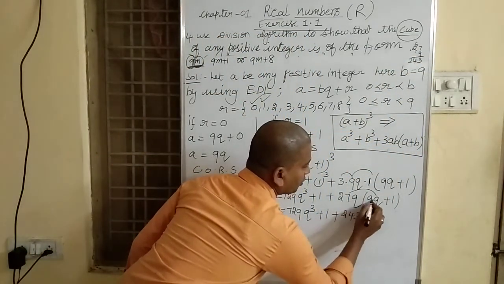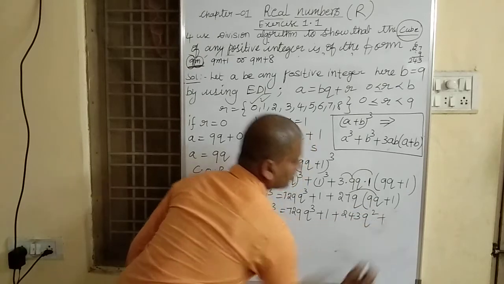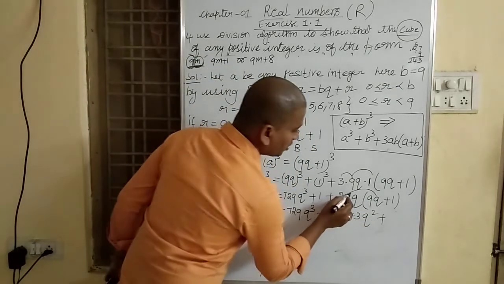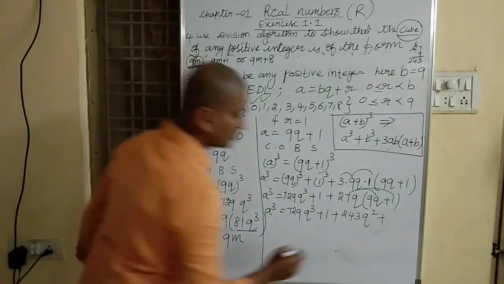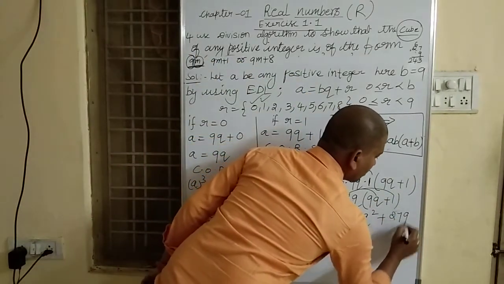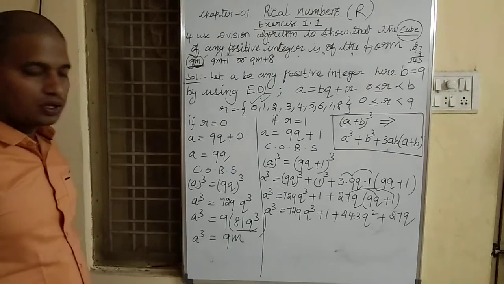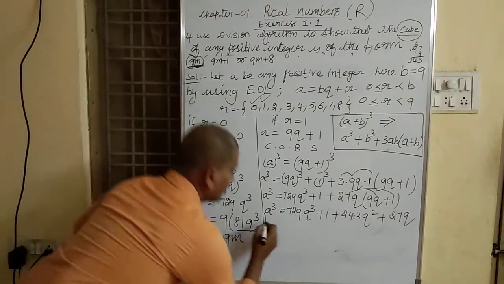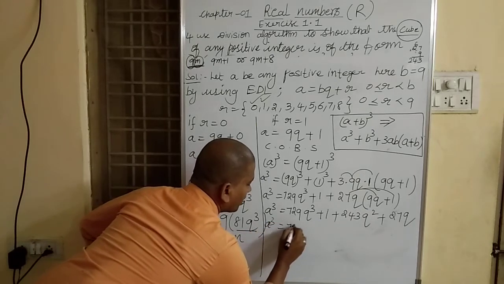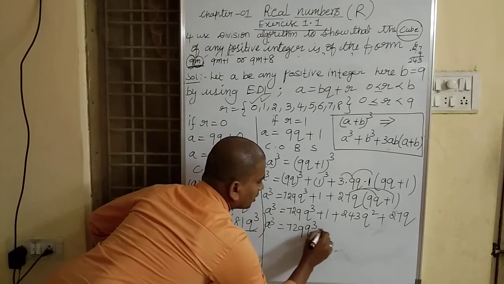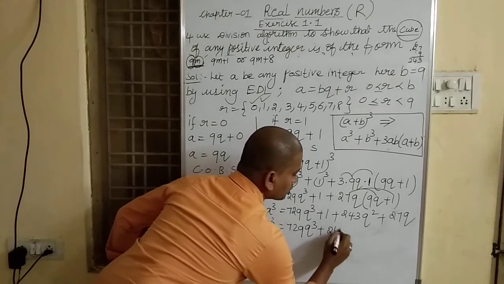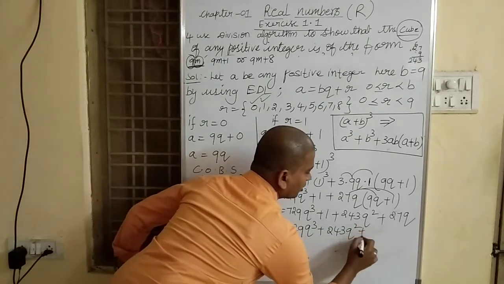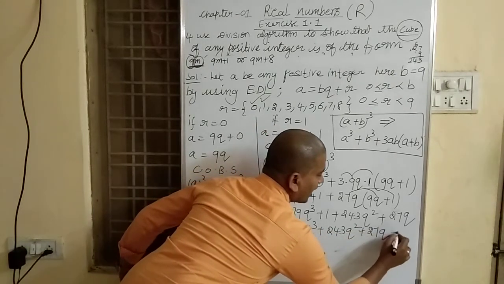So 243 q square, and again 27 q into 1, which is 27q. Okay, let us rearrange the terms in standard form. First 729 q cube, then 243 q square, then 27q, then 1.